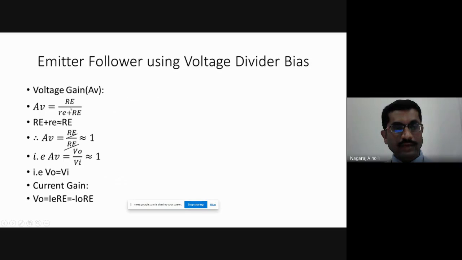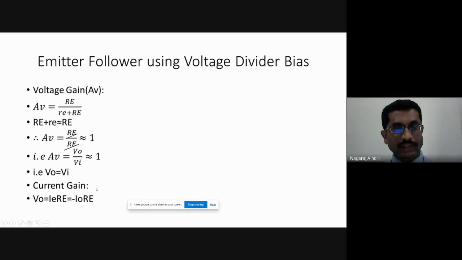That is, AV is equal to capital RE divided by capital RE. Capital RE and capital RE cancel. Therefore, AV is approximately equal to 1. We say that the output voltage follows the input voltage, or output voltage is equal to the input voltage. Both are having the same phase, right? Both are in phase with each other, because V0 is equal to plus Vi.